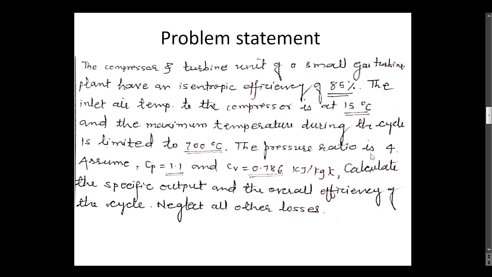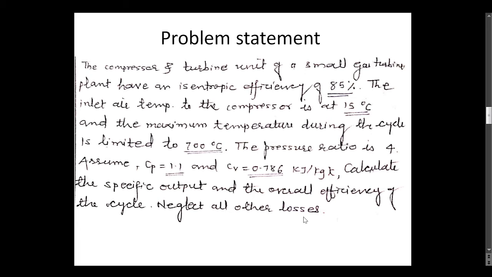The pressure ratio is 4. Assume Cp is equal to 1.1 and Cv is equal to 0.786 kilojoules per kg per Kelvin. Calculate the specific output and the overall efficiency of the cycle.